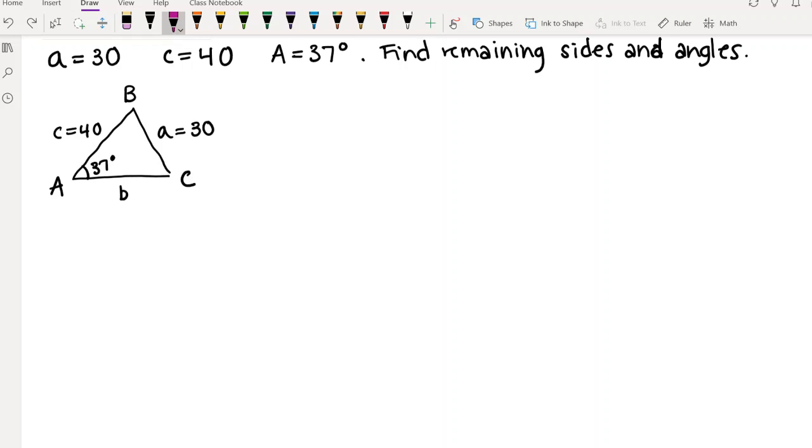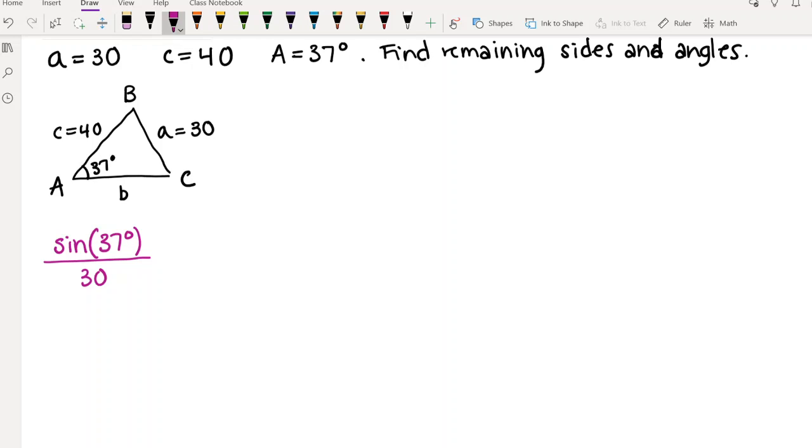So in this case, just like in yesterday's video, you generally want to start with the information that you know for sure. What I mean by that is there's one angle and side that we know both of. So we're going to start by writing that down: sine of 37 degrees divided by 30. That's our known ratio.